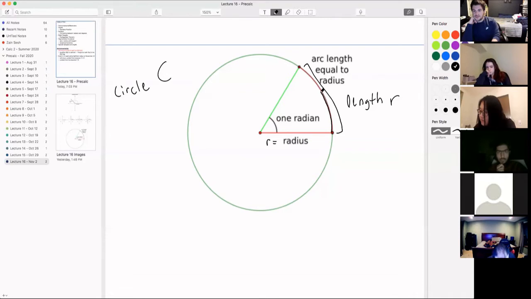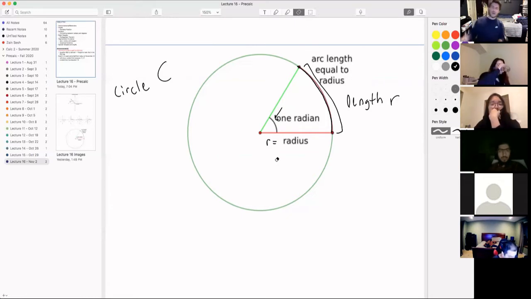Theoretically, you could measure the length of this dark red piece, and when that piece has a length of r, where r is the same length as your radius, the angle it makes is 1 radian. So the angle right here, by definition, is 1 radian.